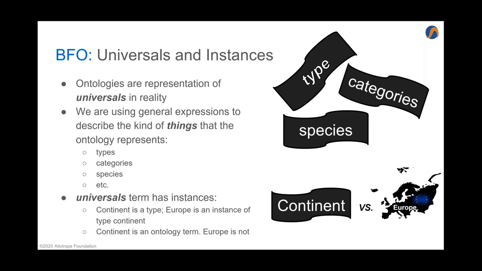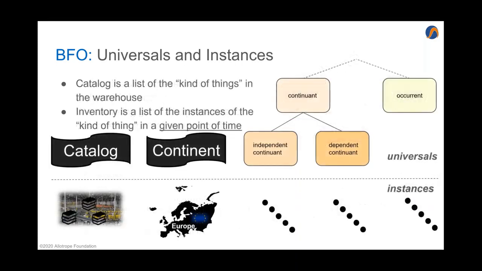Europe is just an instance and not a universal. The same goes with a catalog. A catalog is a kind of thing. It's a universal, a category in the warehouse, while the inventory is a list of instances of the kind of things at a given point in time. That's the instance.